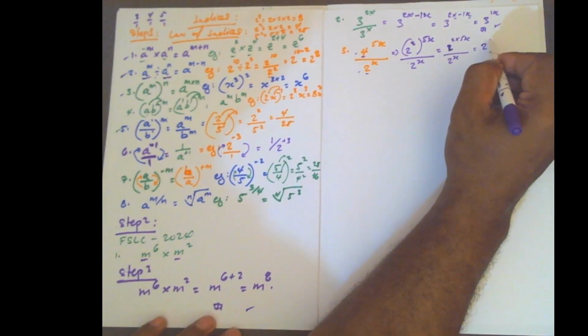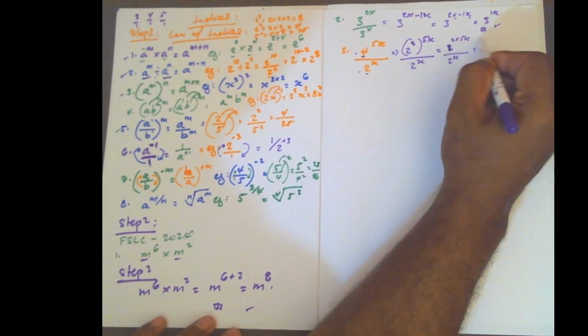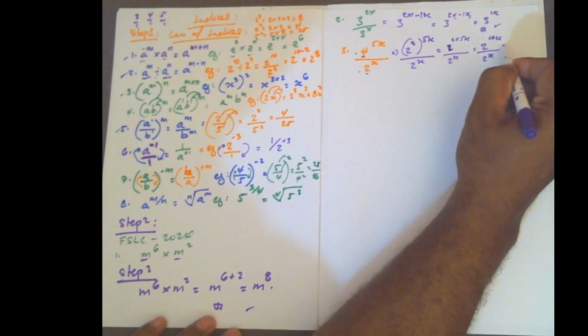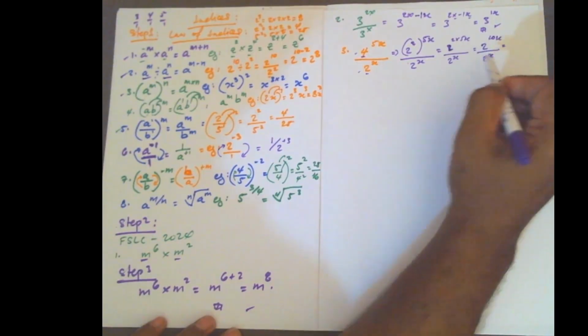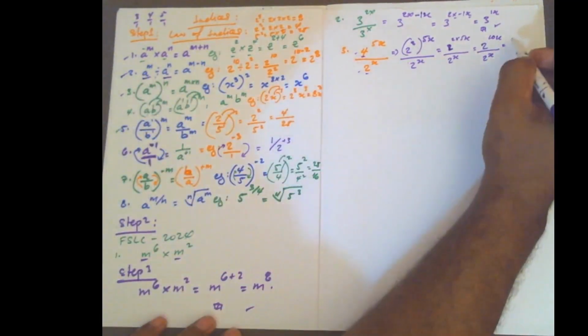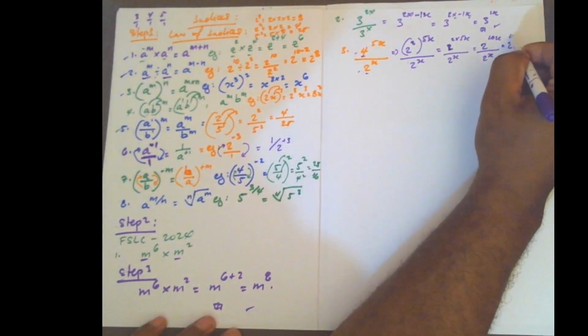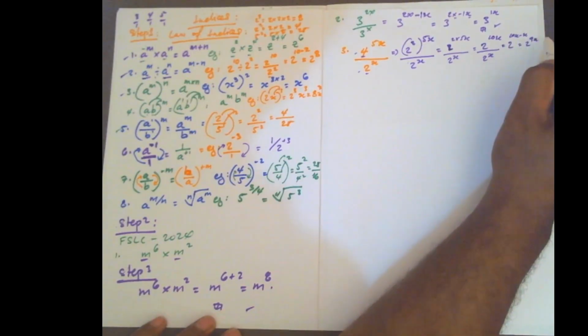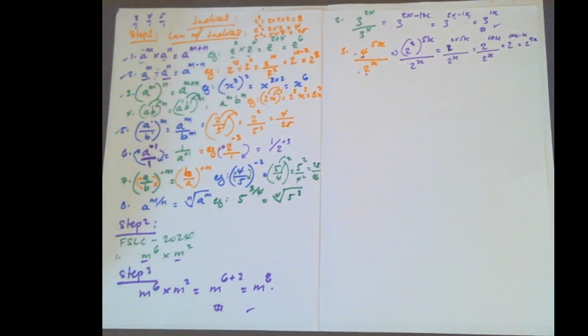This is 2 to the power of 10x over 2 to the power of x. Since we're dividing, we subtract the powers. This is 2 to the power of 10x minus x, which is equal to 2 to the power of 9x. That's the equation that we are solving right now.